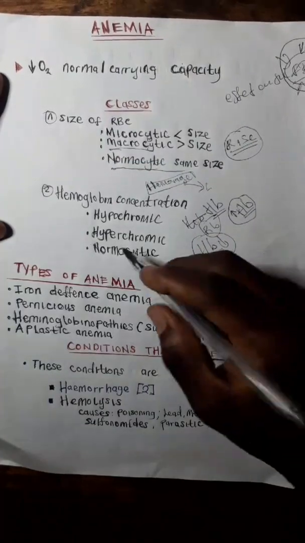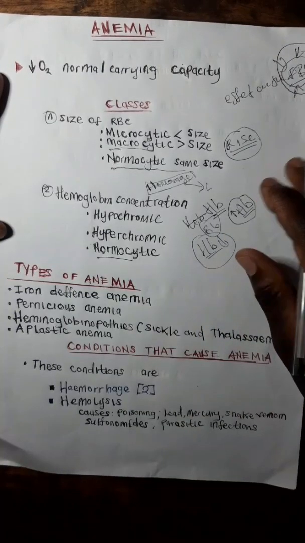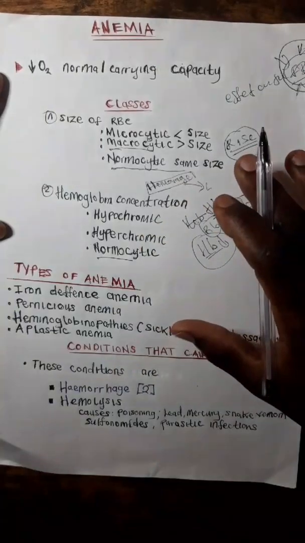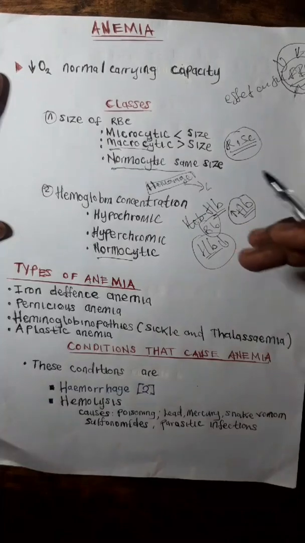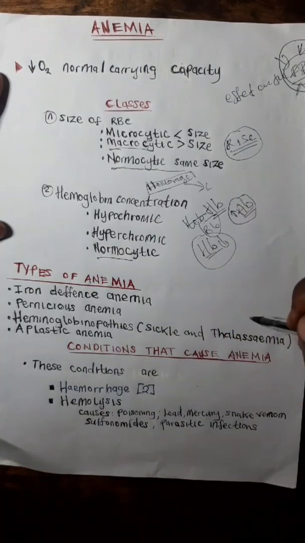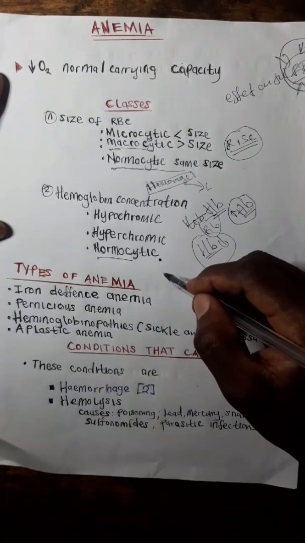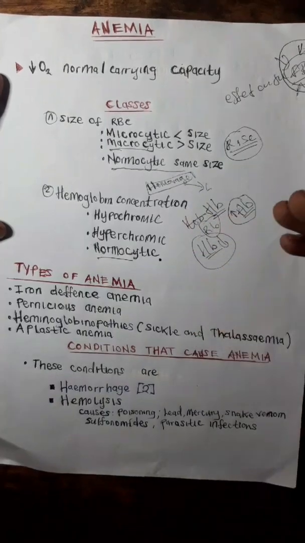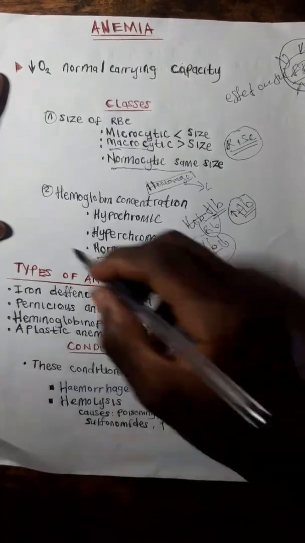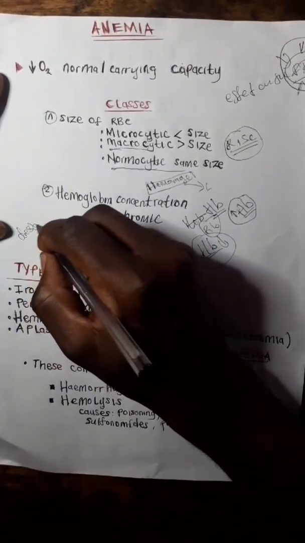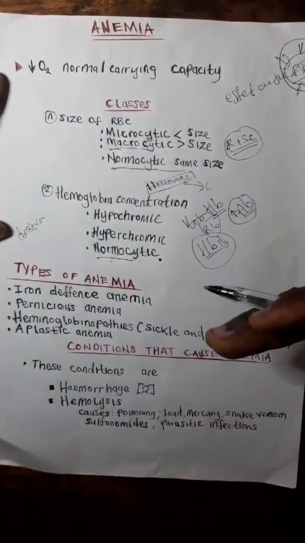Okay, so now we have also the normochromic. So normochromic is just no change in the concentration of the hemoglobin, but still a person can have anemia. So here we can say also hemolysis, the destruction of red blood cells, can cause normocytic anemia, because it is destroying the already existing red blood cells.